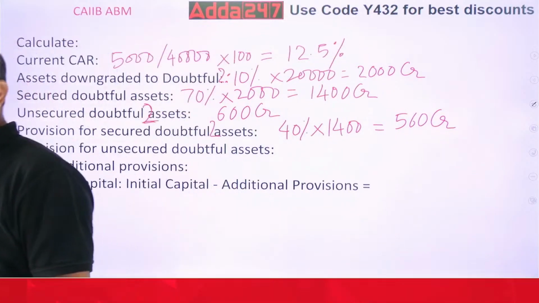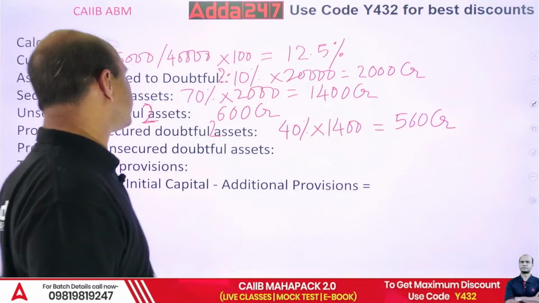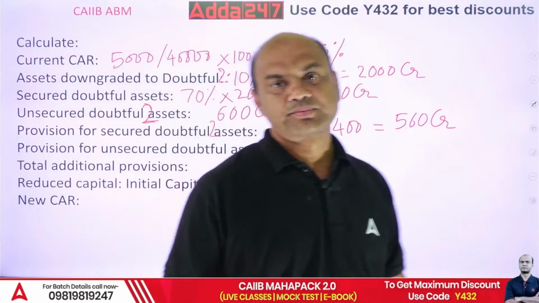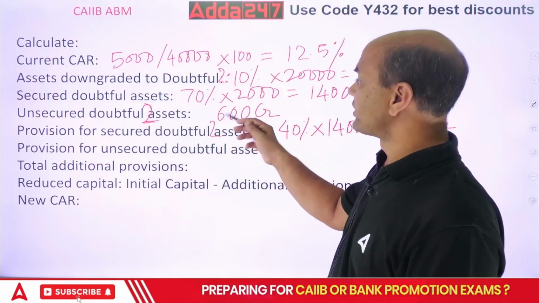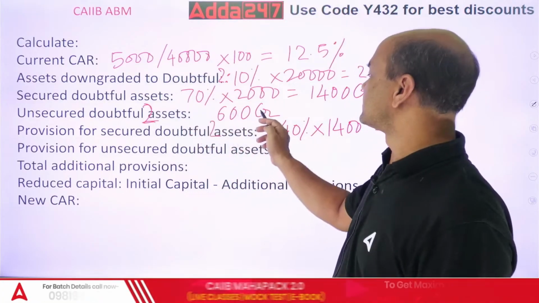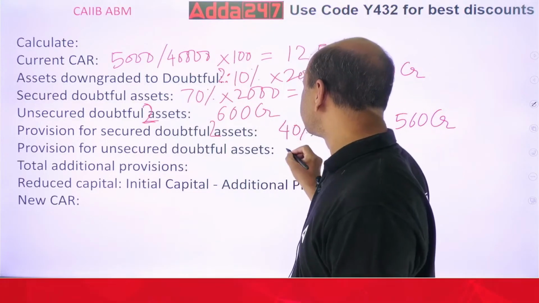Correct, it is 40%. Second, provision for unsecured assets. Unsecured is 600, and the provision is always 100%.